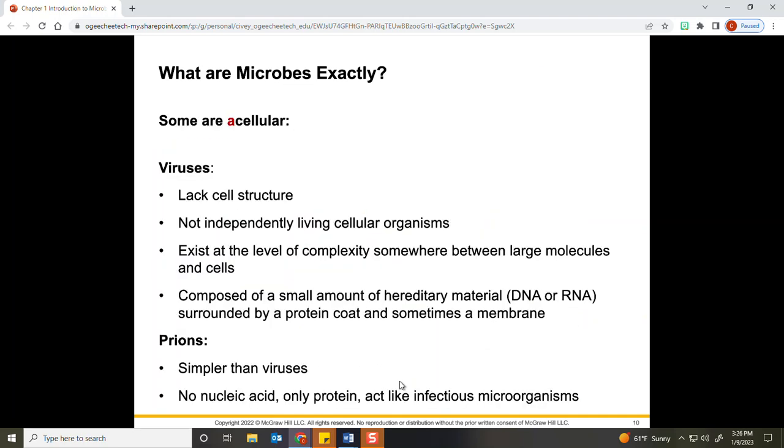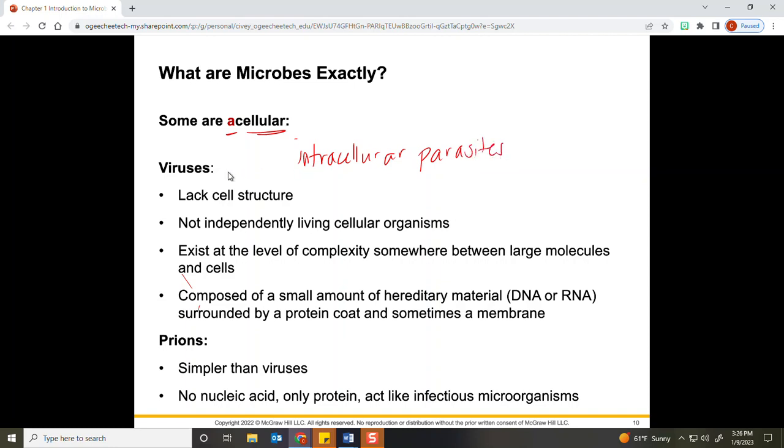All right, so we said some of these microbes are acellular, and again, that means they do not have a cell structure. That includes our viruses and our prions. Viruses are not independently living cellular organisms. Oftentimes you'll hear them called intracellular parasites. I'm going to write it down. Intracellular parasites.